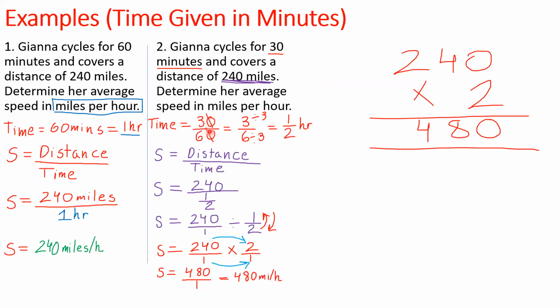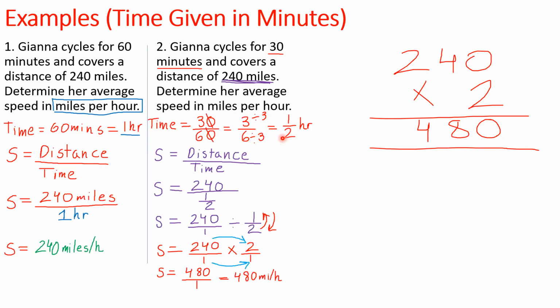And so what we do, we cancel the zeros. Then we are still left with 3 over 6. What are we going to do? Divide by 3. So we end up with 3 divided by 3, which is 1, over 6 divided by 3, which is 2.